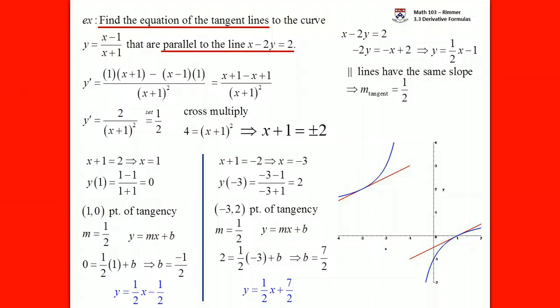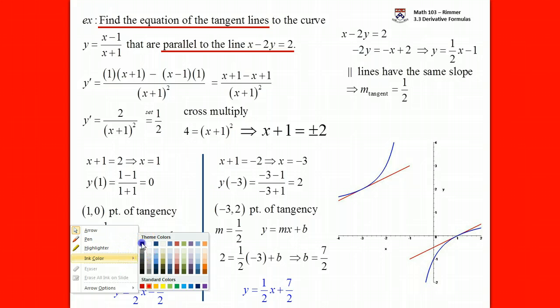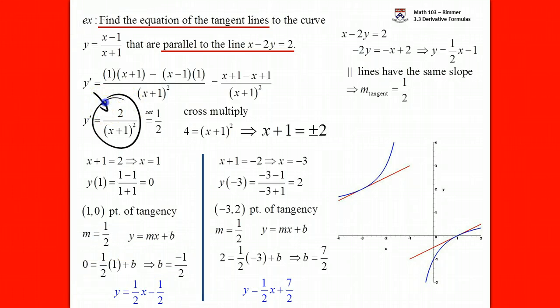And so, when you find a derivative, this formula here for the derivative, it is the slope of the tangent line. This represents the slope of the tangent line. And that's why we set it equal to a half, because I want my tangent line to have that slope of a half. So, if you get nothing else out of this class, you're going to walk away knowing that the derivative represents the slope of the tangent line. Okay. All right, good.